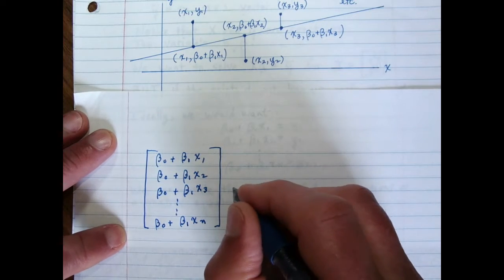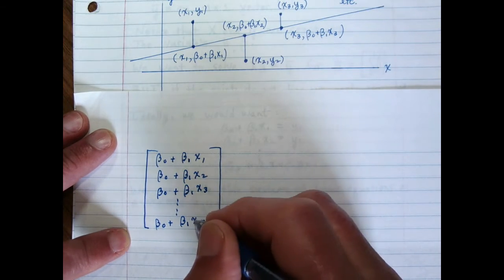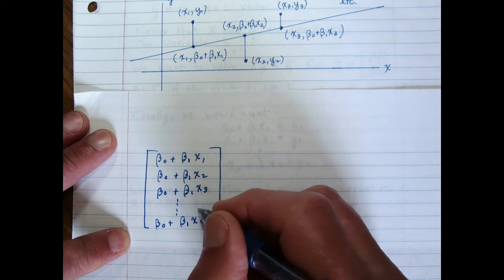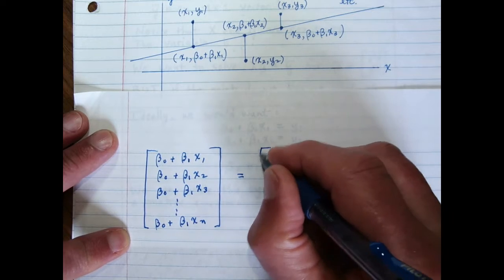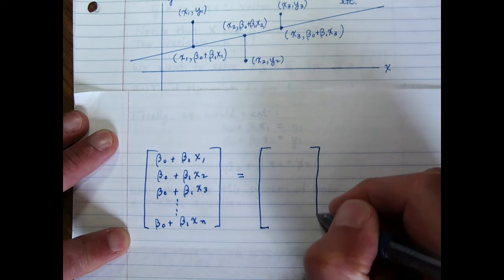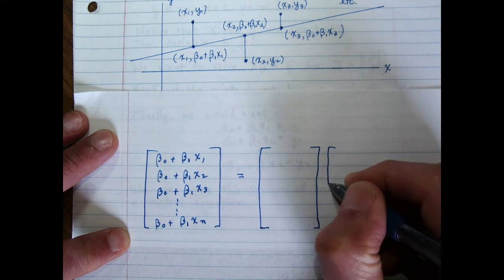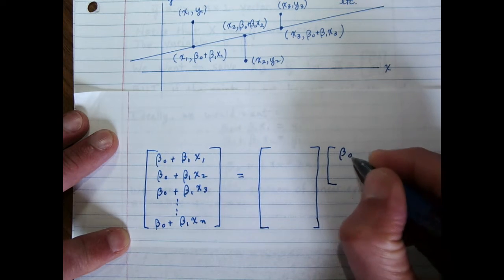What we want to do is express this in terms of matrix multiplication. We want to think of it as a matrix times the column vector beta 0, beta 1.